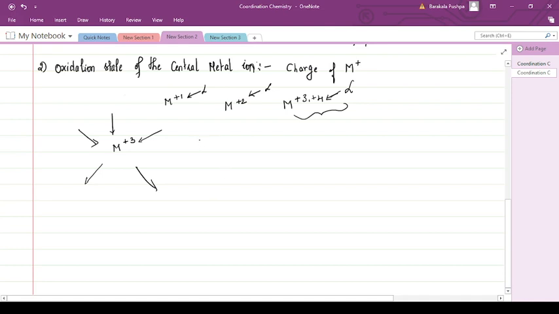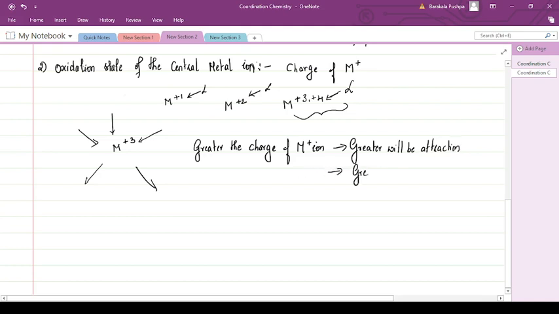So here, the greater the charge of the metal ion, the greater will be the attraction, and the greater will be the magnitude of splitting. So the delta value will be very high.